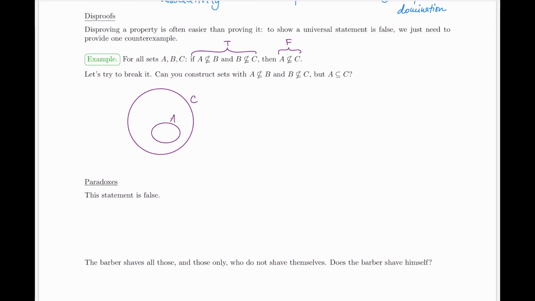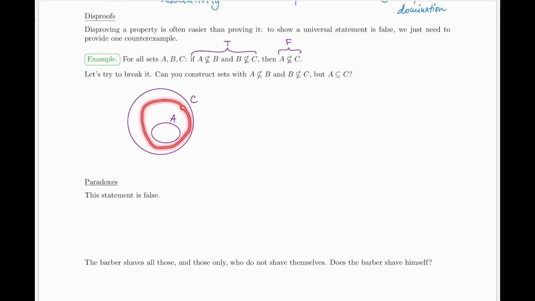So here's my A. Now, what can I do with the other properties? I need that A is not a subset of B, which means that B does not fully contain A, that there are some parts of it that B doesn't contain, and I also have to have that B is not a subset of C. So that means that my B cannot possibly all fully lie within C either.